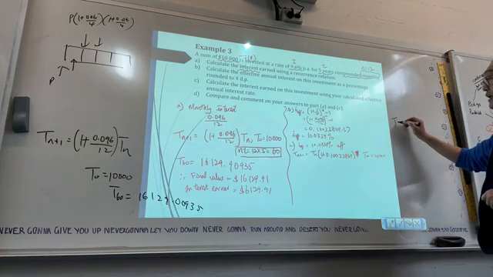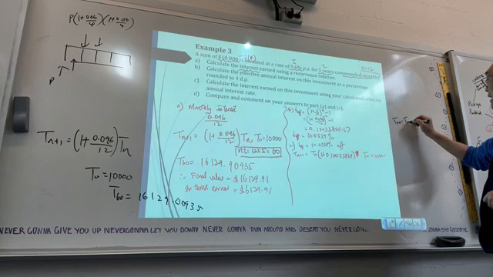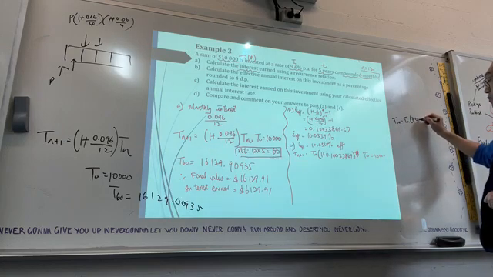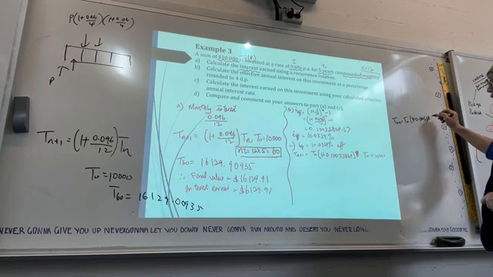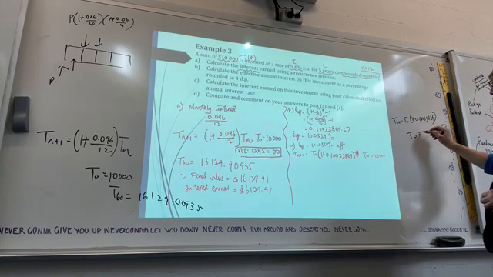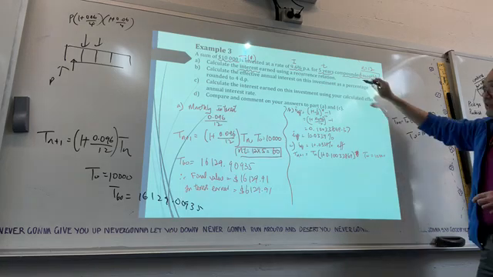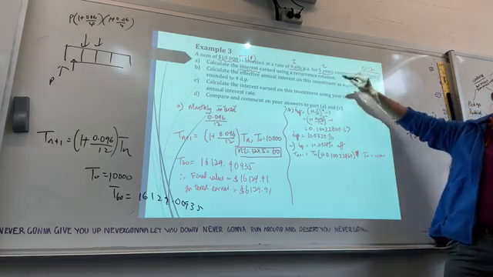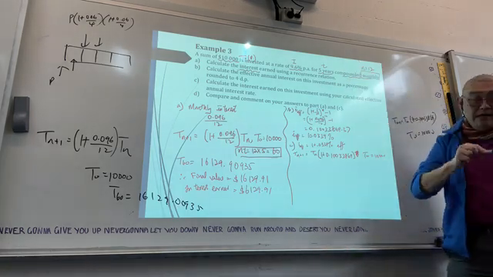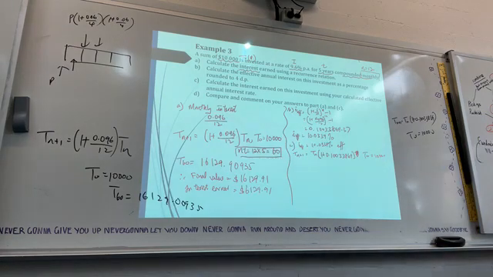So Tn plus 1 now equals Tn times 1 plus 0.10033869. And T0 equals 10,000. Now this time, because the effective interest rate is annual, here n is 1. We are using the effective interest rate, we are not using the stated interest rate.